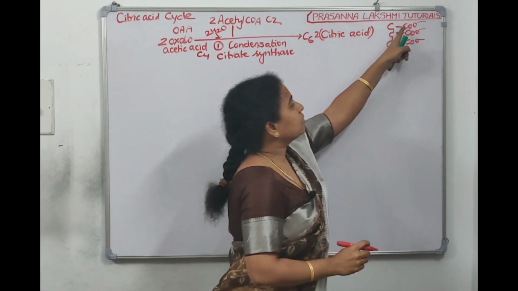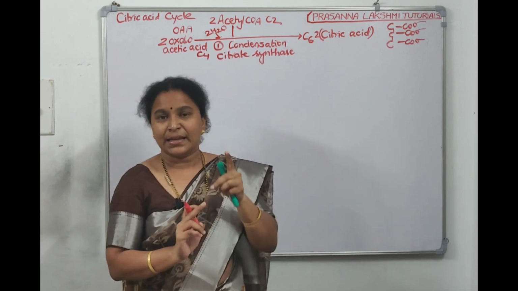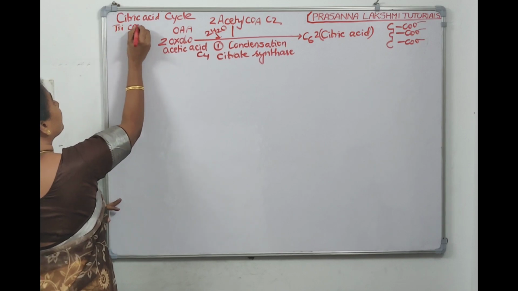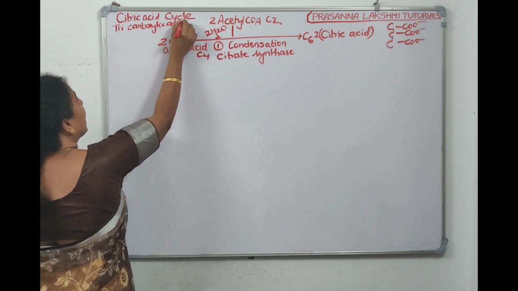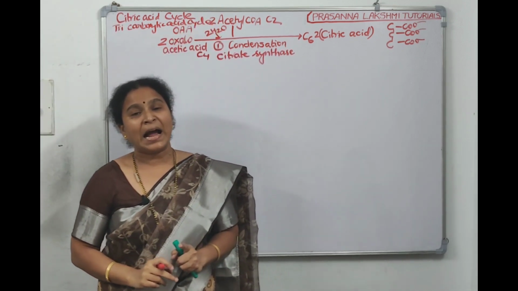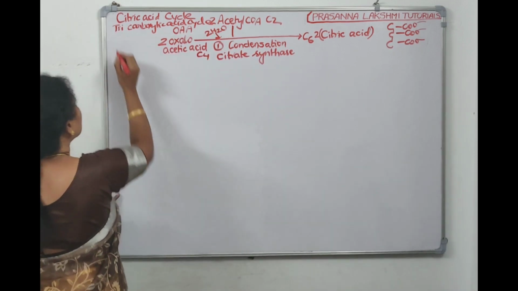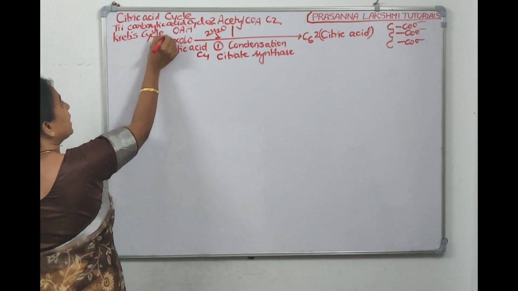Citric acid has 3 acid groups, so it is called the tricarboxylic acid cycle. That is how the cycle got its name, tricarboxylic acid cycle, and this cycle was designed by Hans Krebs, so it is called the Krebs cycle. This cycle is also called the Krebs cycle.